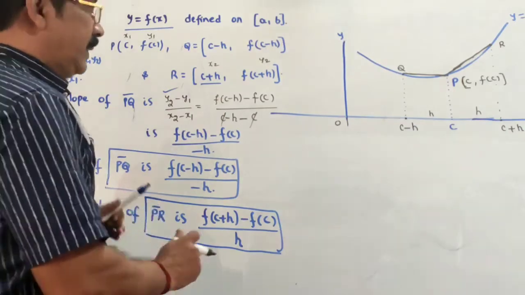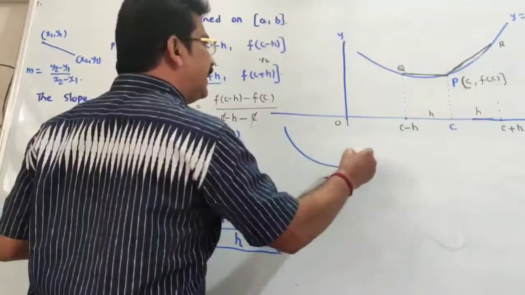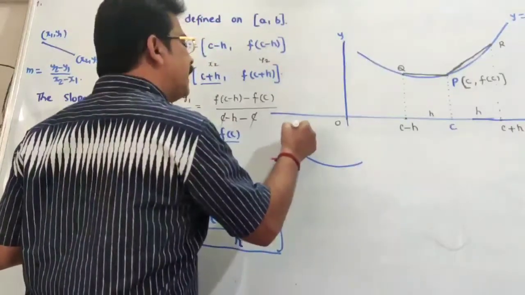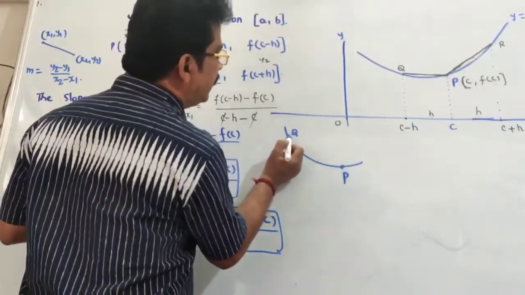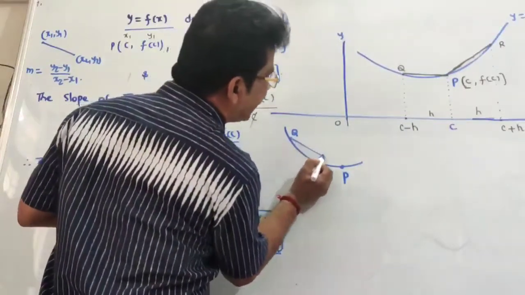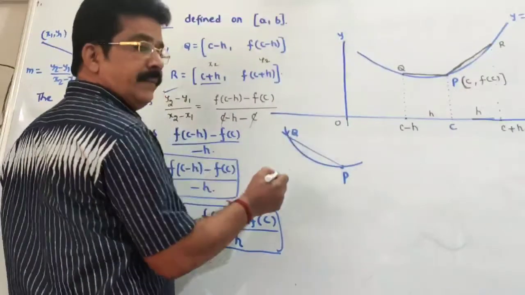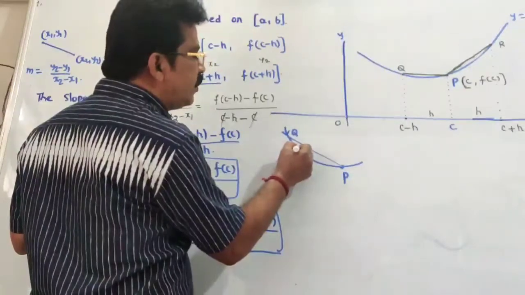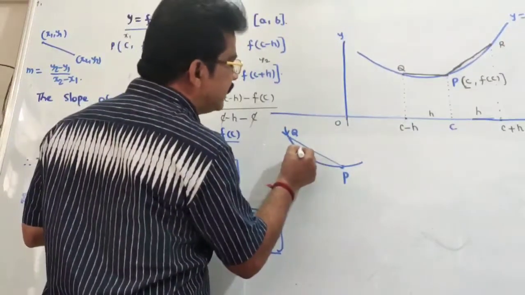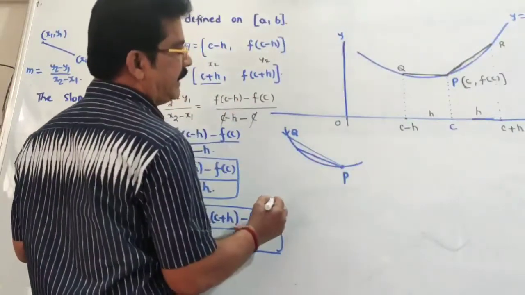Next, actually there is a curve like that. This is capital Q point. This is capital P point. The PQ chord will be like that. Next, if Q is moving along the curve, for example, if Q is here, then the length of the chord will get smaller like that.